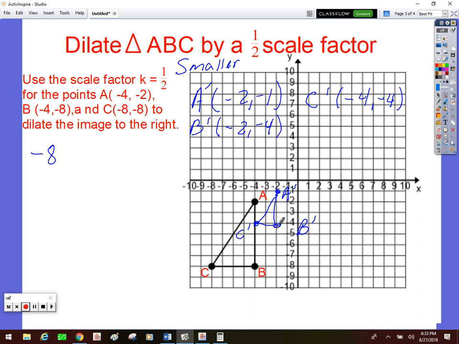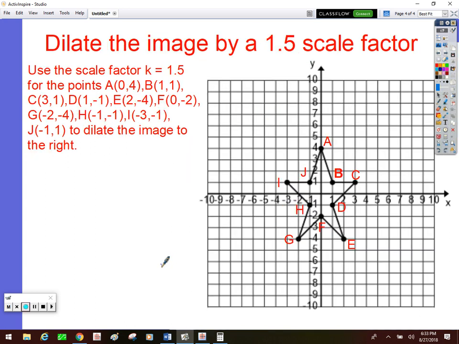All right. So what I should have now, this should be a straight line, and it would be a similar figure because we have a right triangle here and a right triangle here. Same shape, different size. All right. Let's see. I think we got one more. We're going to do a little bigger one. We got a scale factor of 1.5.